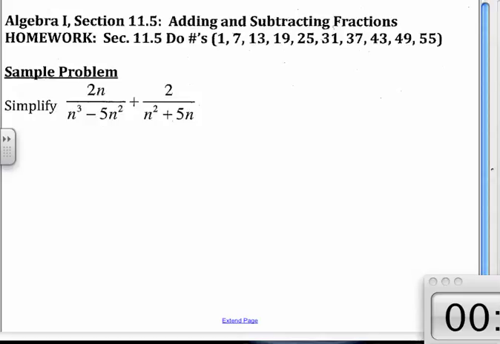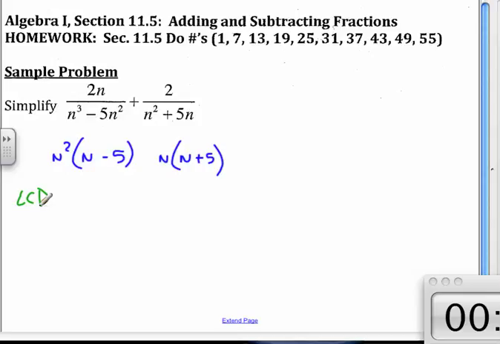Okay? So, this first one factored is going to be n squared times n minus 5. This next one factored is going to be n times n plus 5. Now, you'll remember when we're doing least common denominators, we need to be able to make both denominators from the least common denominator.